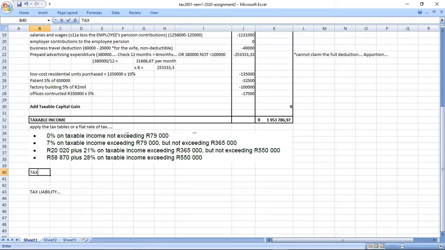So in other words, tax equals 58,870, plus 28% of, open brackets, the taxable income exceeding 550,000. So 1,953,786.97 less 550,000, close brackets, equals.